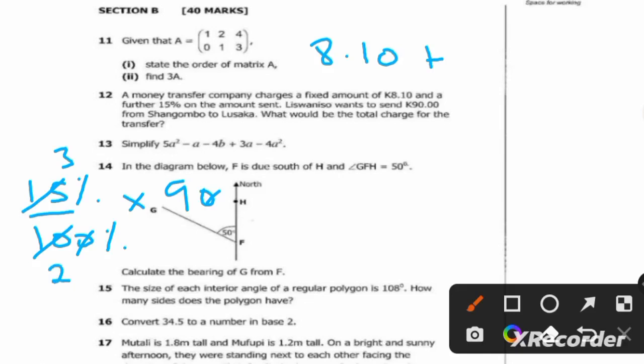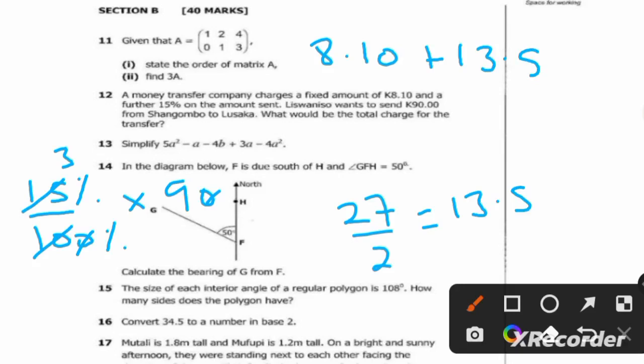So we are going to say 3 times 9 is equal to 27. 27 divided by 2 is equal to 13.5. So 13.5, 13 kwacha 50 ngwee, is the 15% of 90 kwacha.